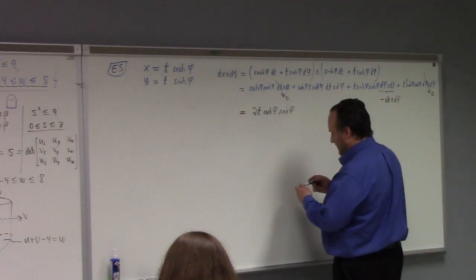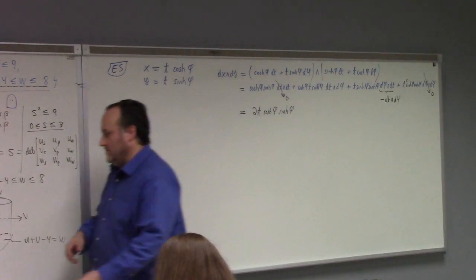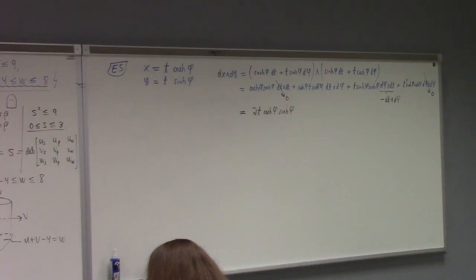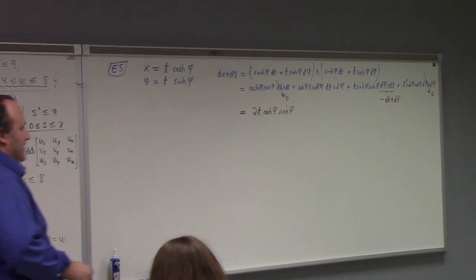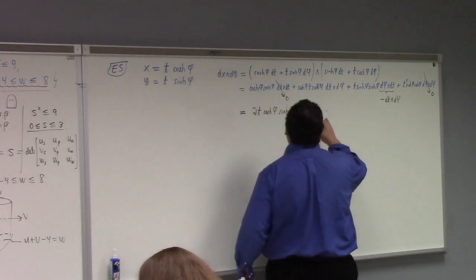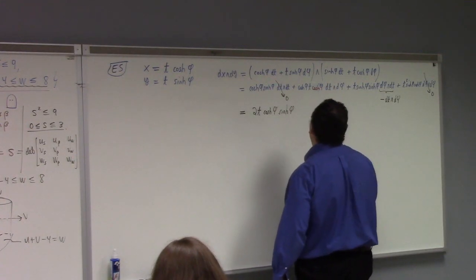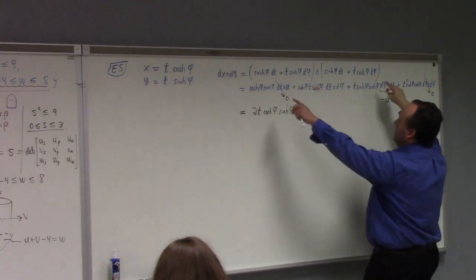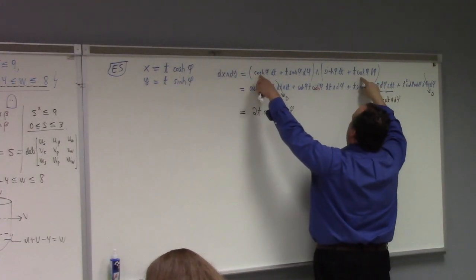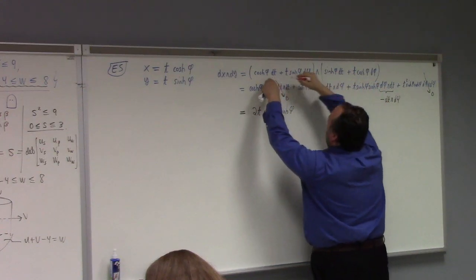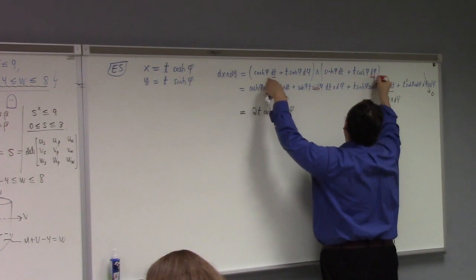This right here, that's the offending one. Sorry, I'm too close to the board apparently. That should be cosh, because that was from this times this, which gave me this dt and this d phi.